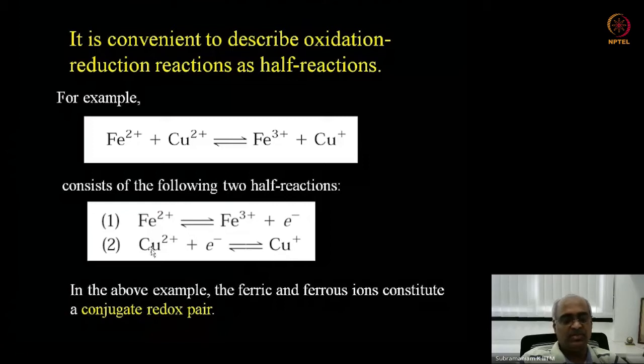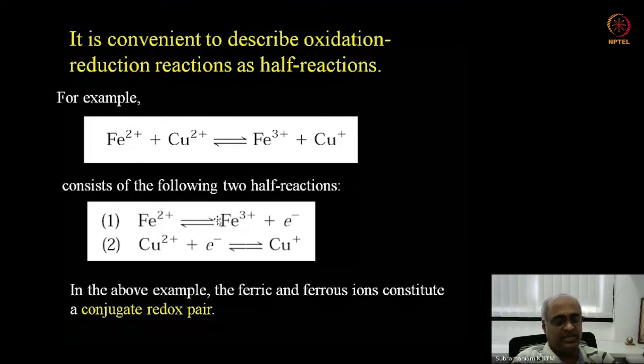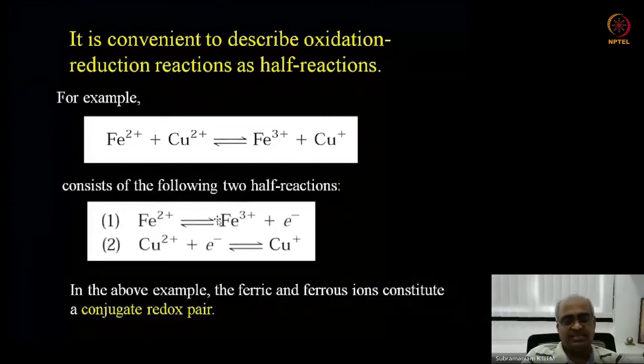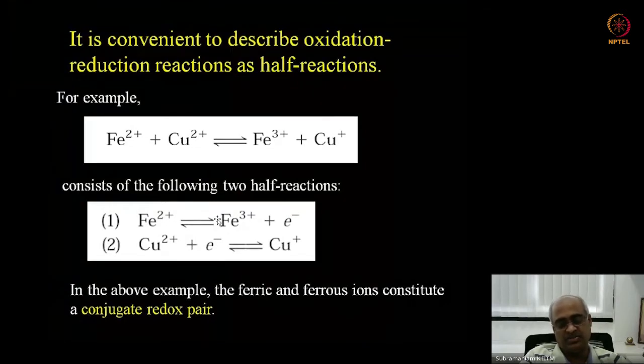Here this ferrous-ferric behaves more like, to get an analogy, not exactly the same, but as an analogy, acetic acid and acetate. You have a weak acid and its conjugate base as a pair.